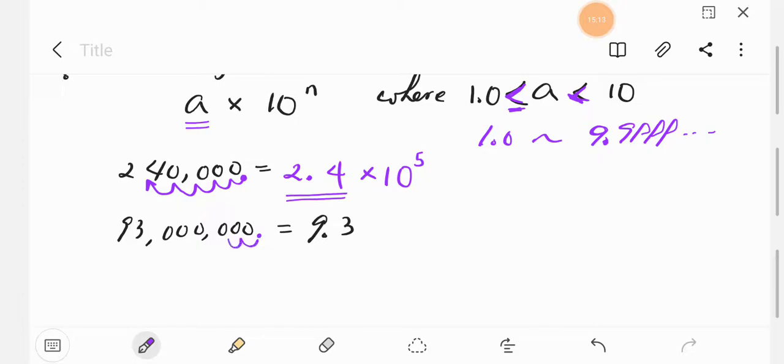So 1, 2, 3, 4, 5, 6, 7. So we moved 7 places, right? So 9.3 times 10 to the 7th power, not negative 7th power, because we want to make this number large.